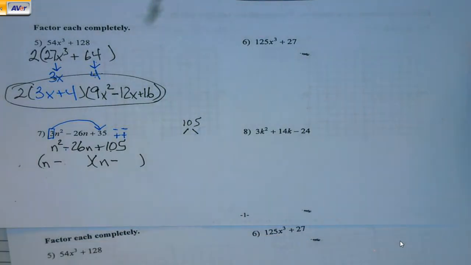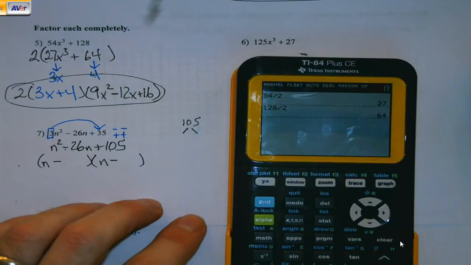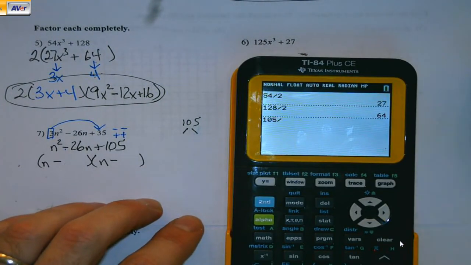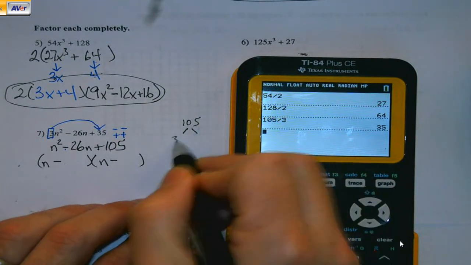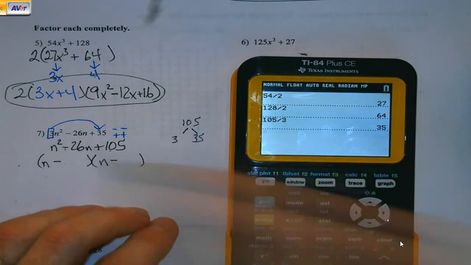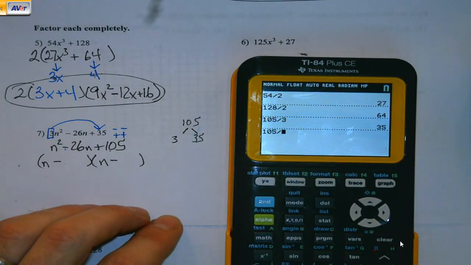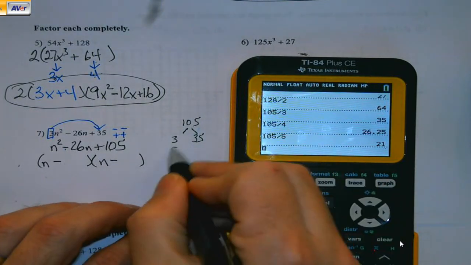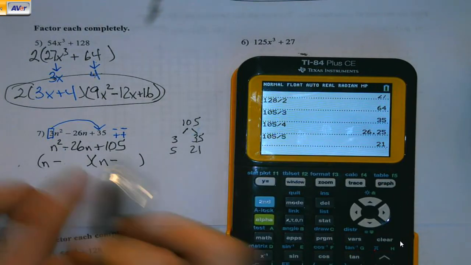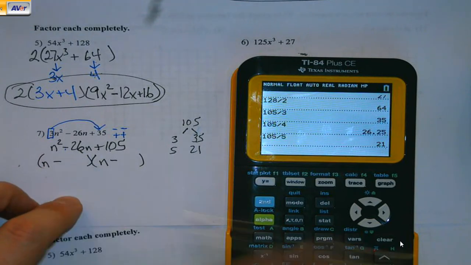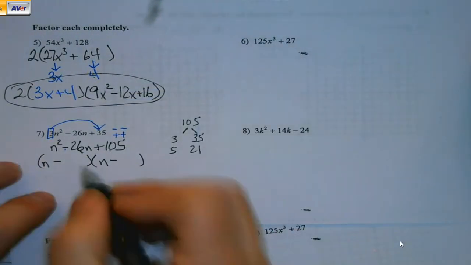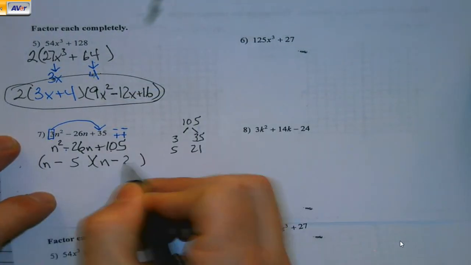Now, that may not be something you know off the top of your head. So maybe you start playing with some numbers. 3 and 35, they don't add up to 26. 4 doesn't go in. Okay, 5 is 5 and 21. Does that add up to 26? Yeah. So sometimes it just takes being a little patient with it.